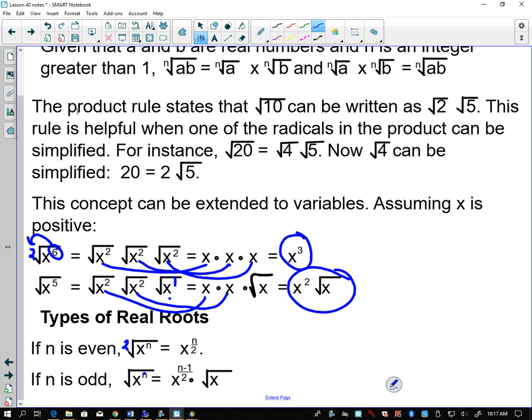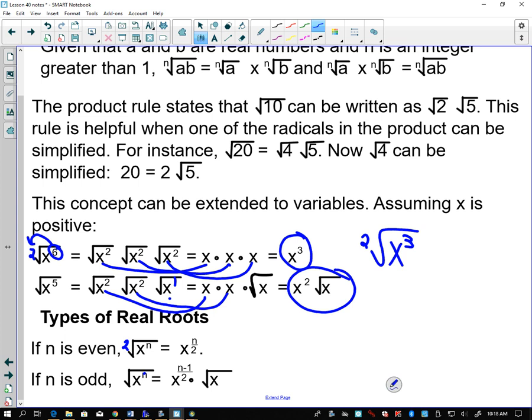For instance, let's say we had the square root of x cubed. That's an odd number. So what they're saying is that would be 3 minus 1, 2 over 2 times the square root of itself.